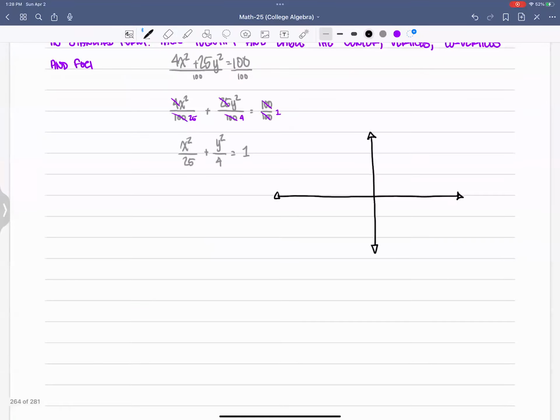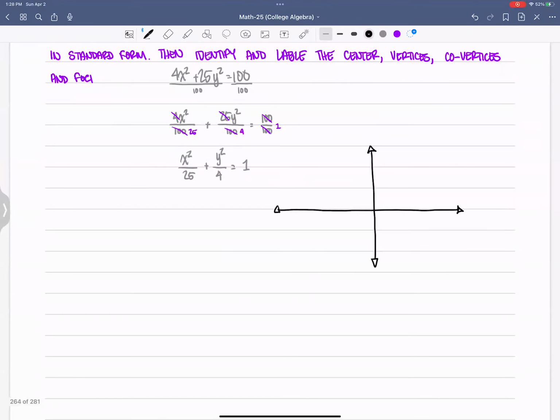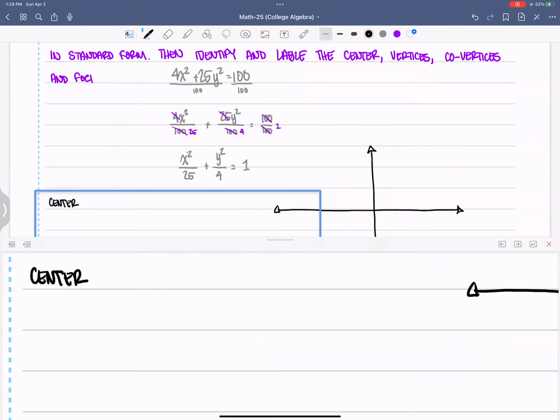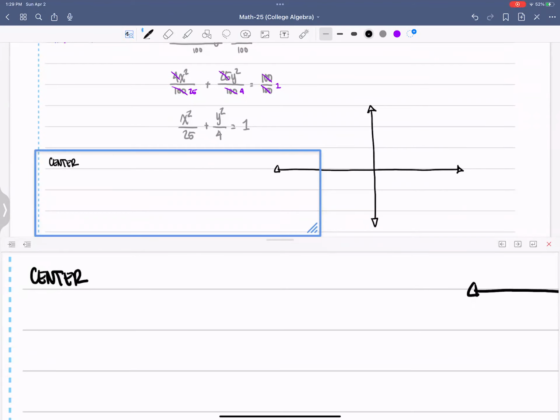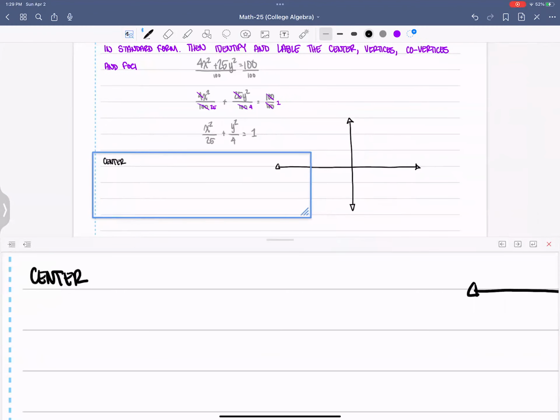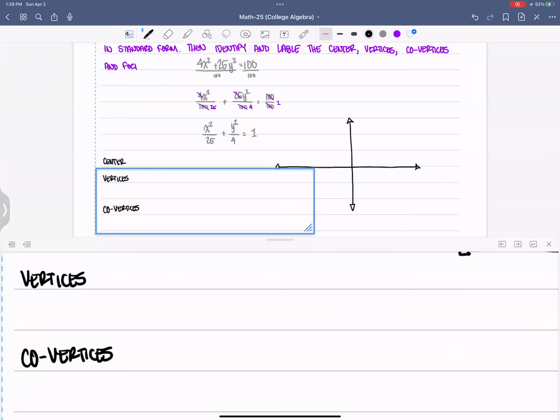They wanted us to find the center, the vertices, co-vertices, and lastly, the foci.